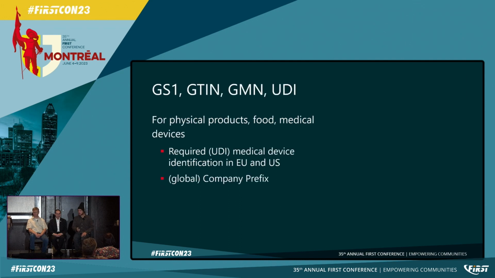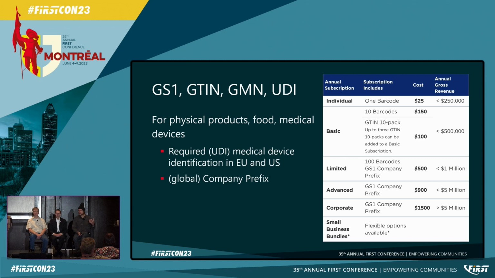These things, and I forget the acronyms, came out of food and grocery buying. If you barcode something and you scan it, this is the evolution of that for all things with barcodes. Physical products, food, regulated medical devices in the EU and the US. There's a UDI prefix, or identifier, which is a required thing. You've got to pay for these. There is an authoritative registrar.